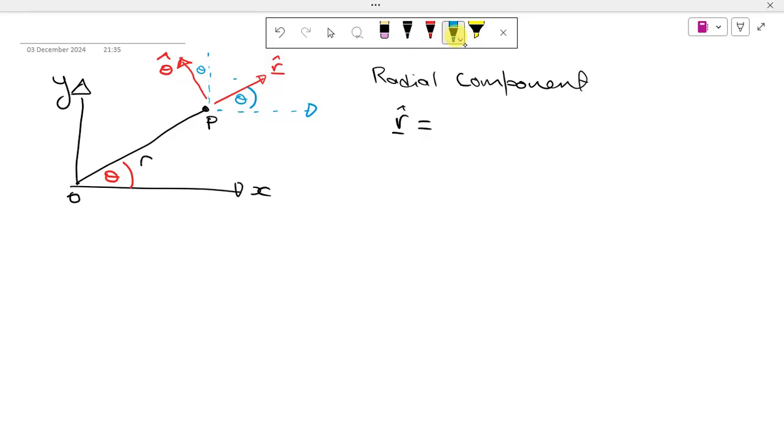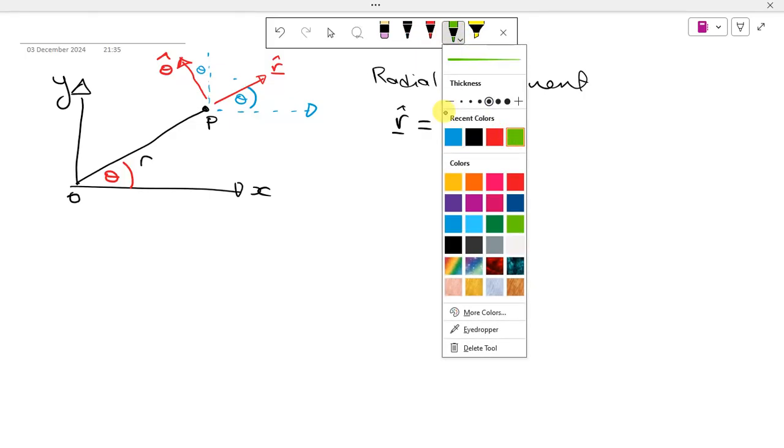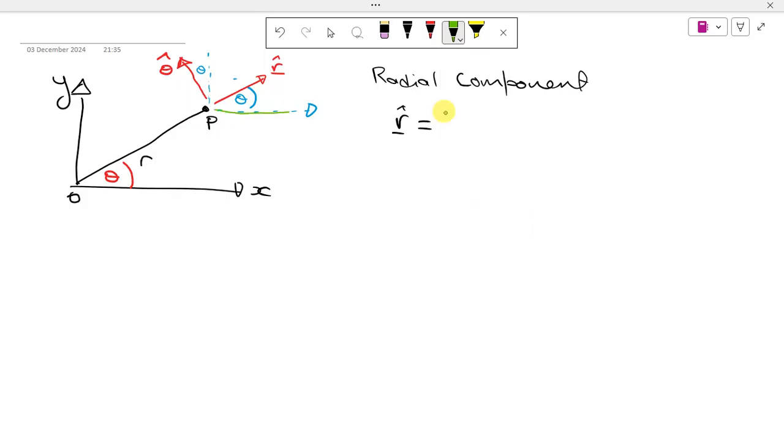We'll draw this in green. r hat has a horizontal component along here, and that is just cos theta. I'm writing that in green there anyway, so at least you know. And r hat also has a vertical component like that, and that is going to be sine theta. Okay, now we've also got to consider this component, the theta hat component.